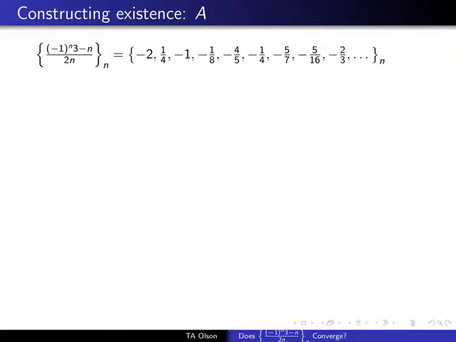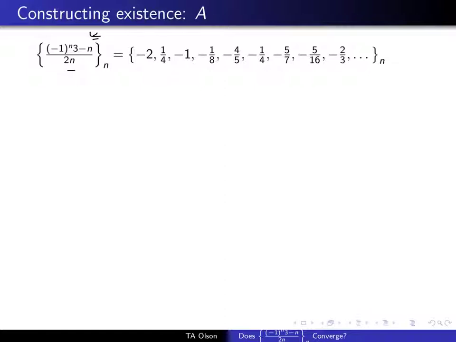Okay. All right. So if we look at our sequence, if we just look at the values, -2, a half, we have a (-1)^n, so the 3 is being added or subtracted, our n is getting -1, -2, etc., and we have a 2n down here.